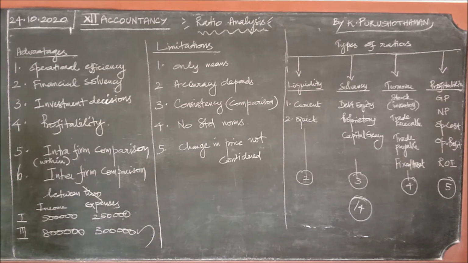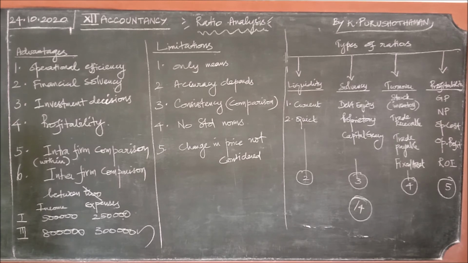And of course, to calculate the ratios, there are 14 types of ratios. We have the formulas, etc. But is there any rule for it? No standard rules. Should we calculate only after 30 days, or 1 year?